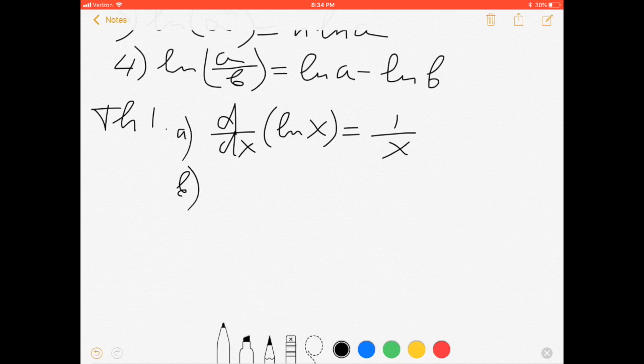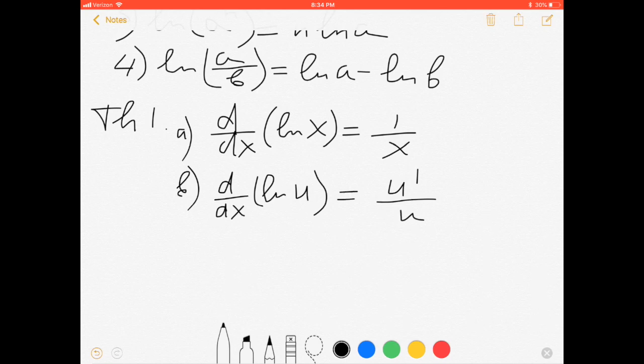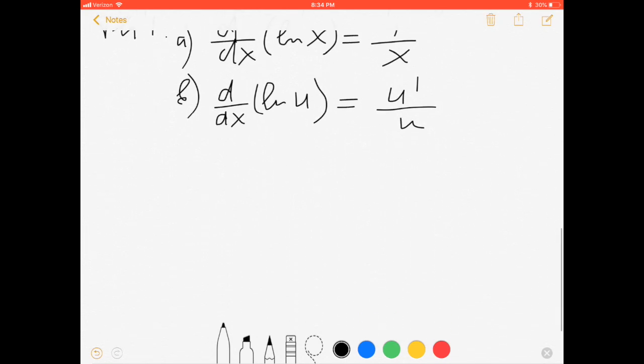B: if you have inside the natural log some function u, then use the chain rule. We can write it as u prime over u.